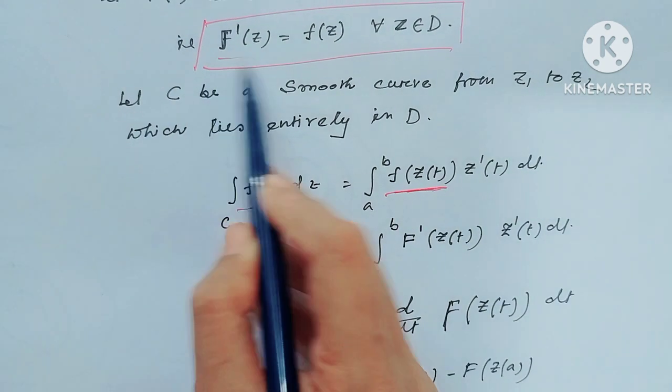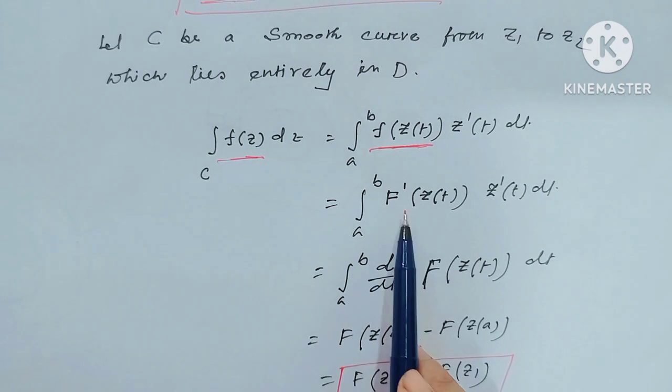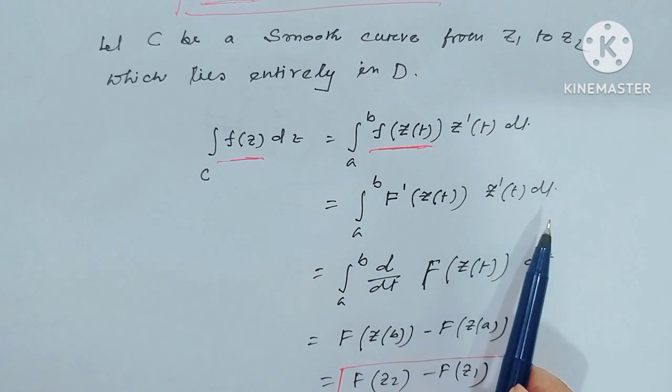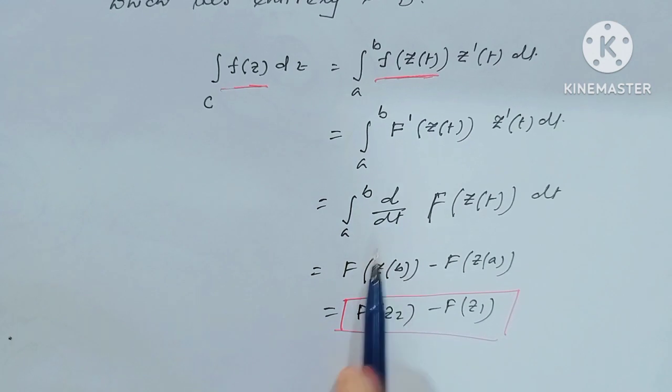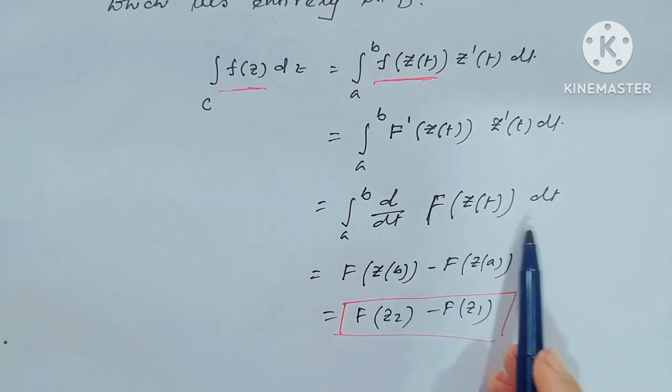This is the integral from a to b of F prime(z(t)) times z prime(t) dt, which is equal to the integral from a to b of d/dt of F(z(t)) dt.